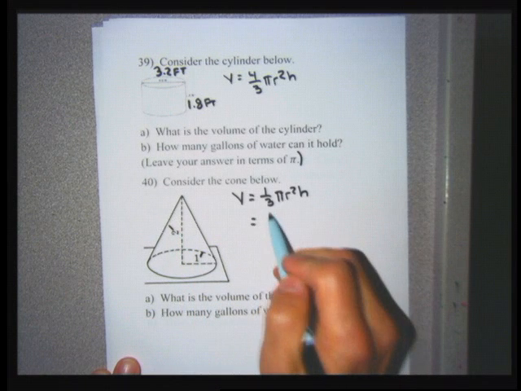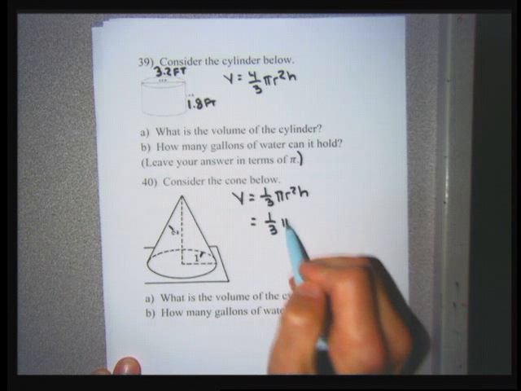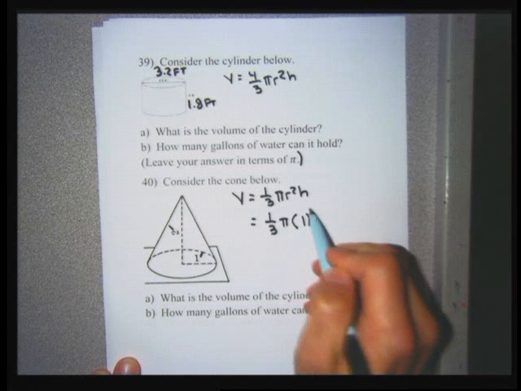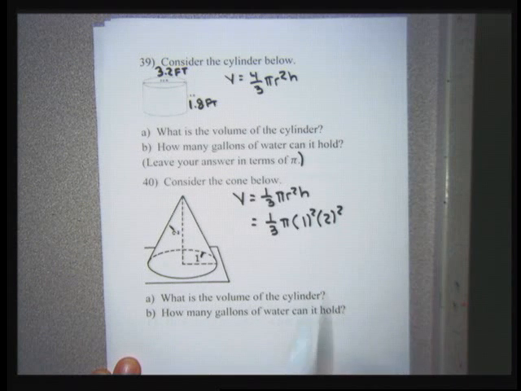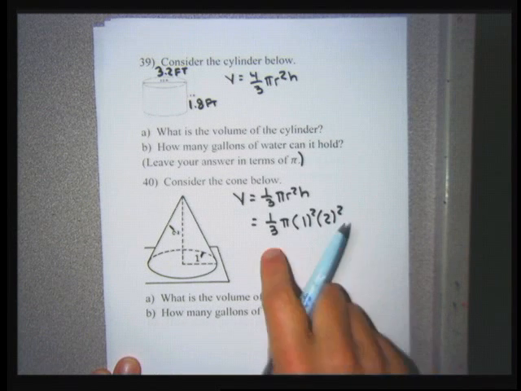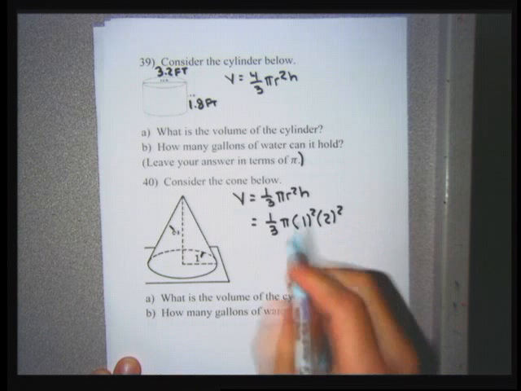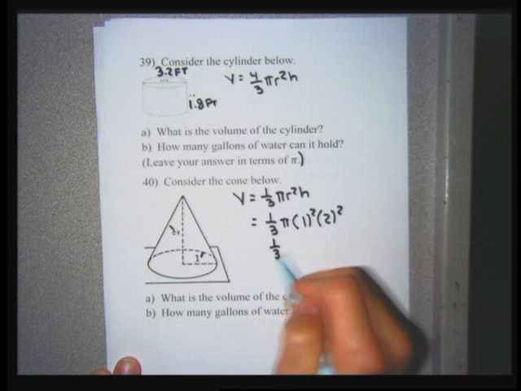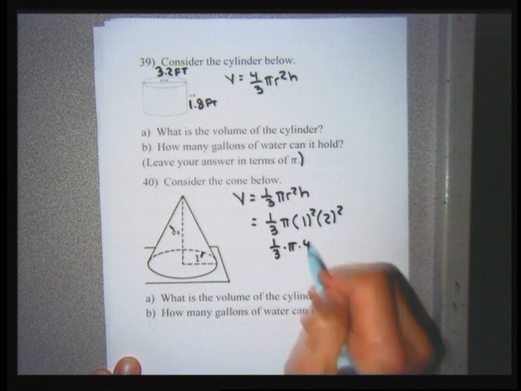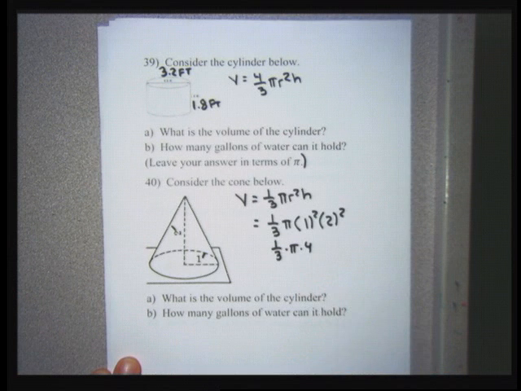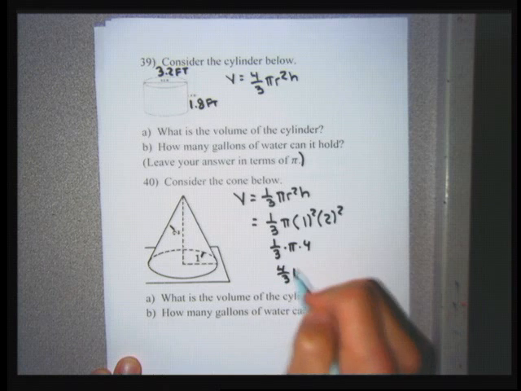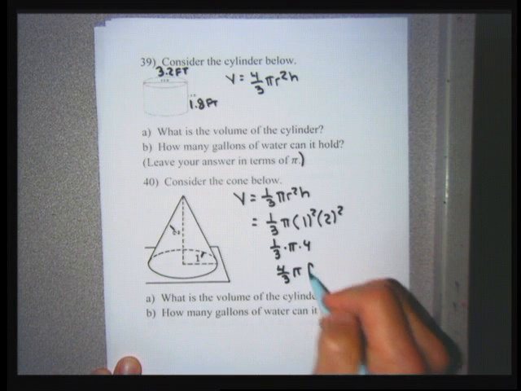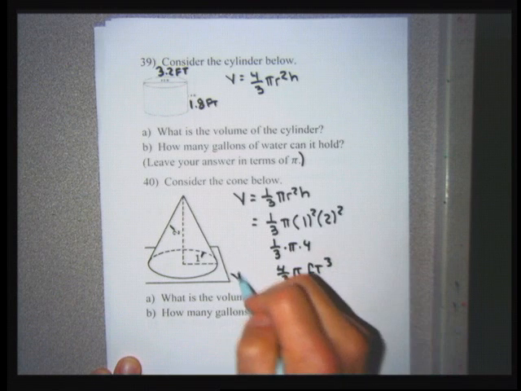So my volume is going to be 1/3 times pi times 1 squared times 2. And this is going to be 1/3 times 1 times 4 times pi. I'm going to multiply the 4 and the 1 and get 4/3 pi cubic feet, which would be the volume.